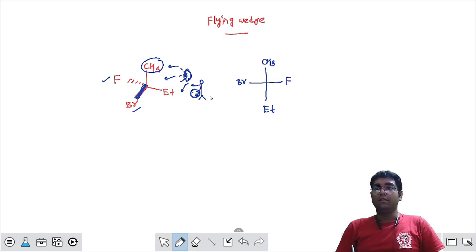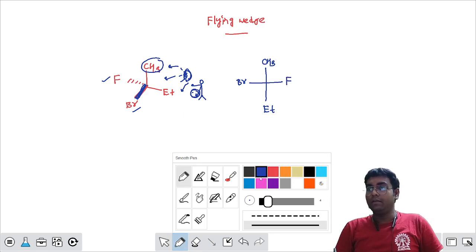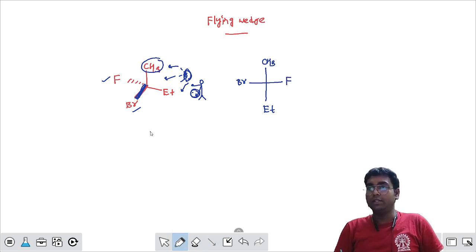Is it clear? Again, let's discuss another molecule, then it will be more clear to you guys. So let's take Cl, C, hydrogen, methyl, fluorine.